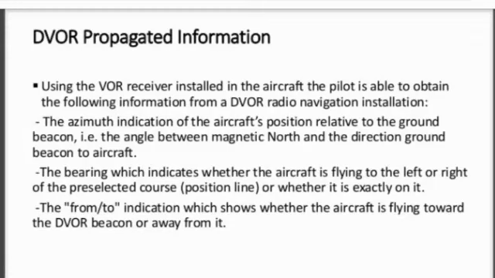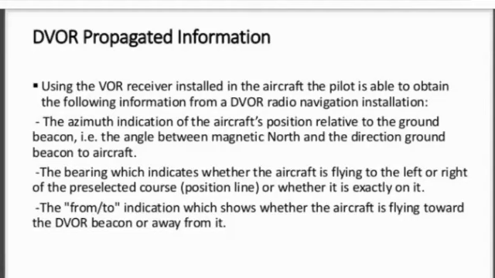Basically, DVOR or any VOR gives three types of information. The first one is the azimuth angle, or the azimuth indication of aircraft position, which is the relative direction of the aircraft with respect to magnetic north.